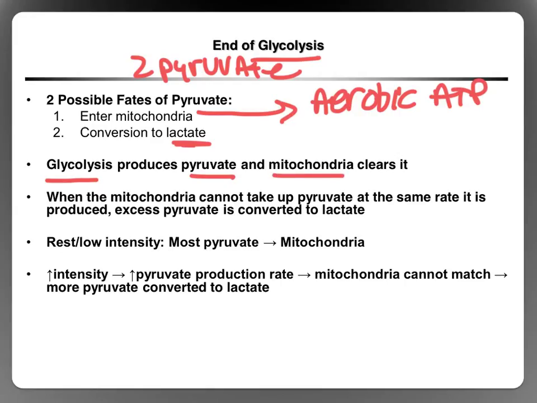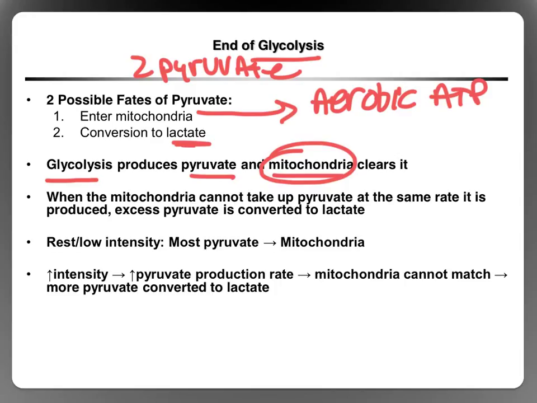Okay, so what determines whether glycolysis becomes lactate or it goes into the mitochondria? Well, basically it has to do with how much the mitochondria can take up. Okay, so glycolysis is producing it, mitochondria is clearing it.